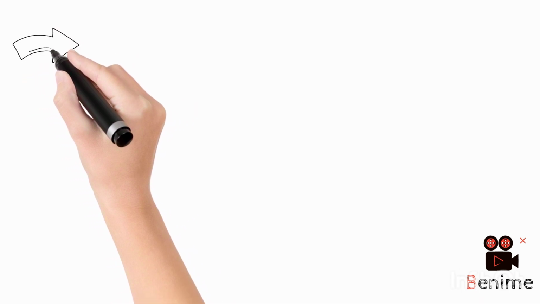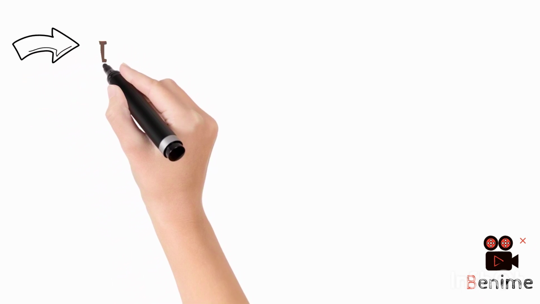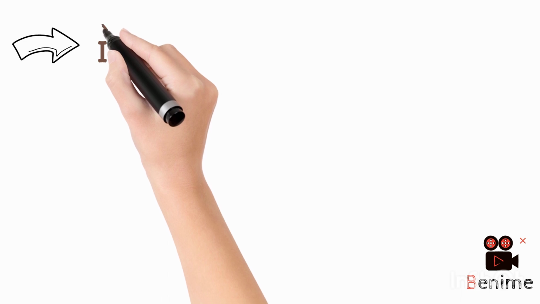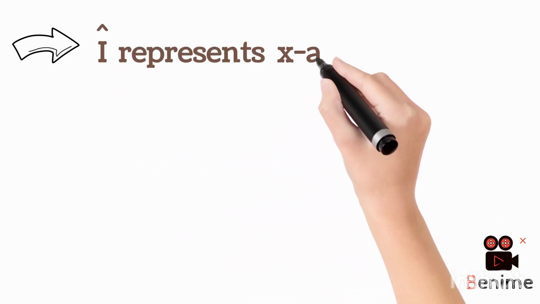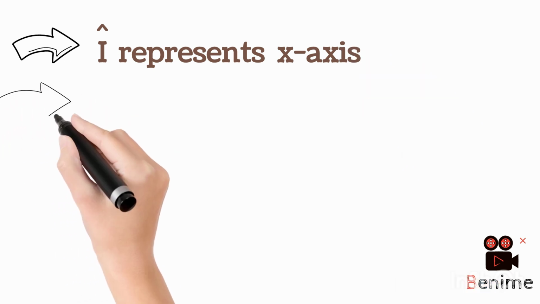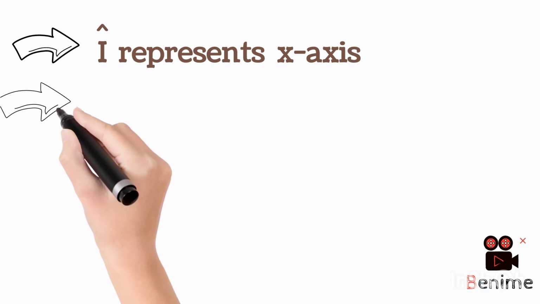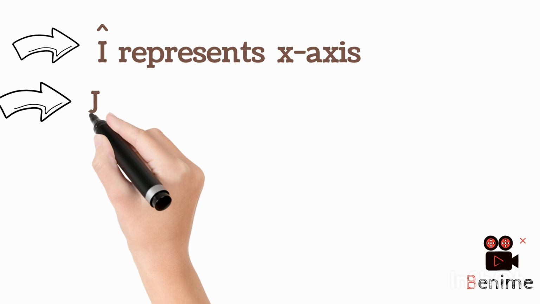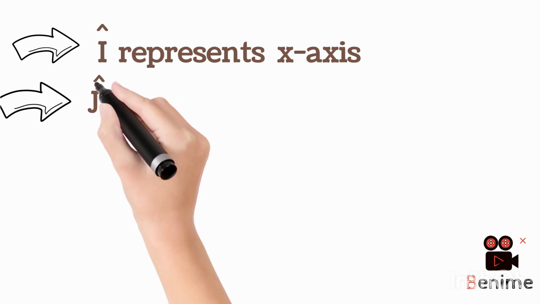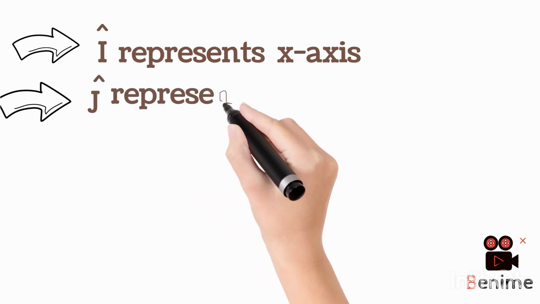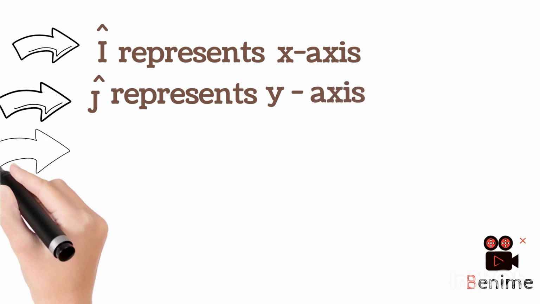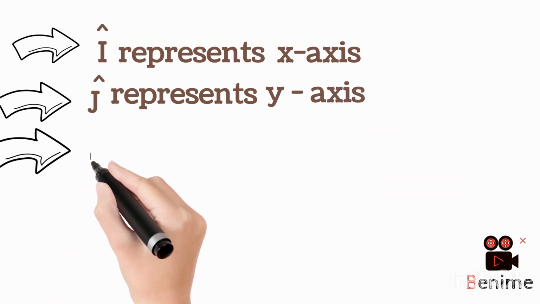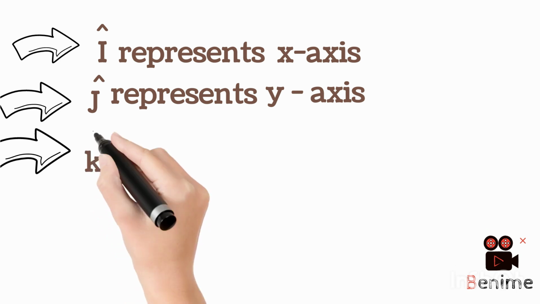I vector represents the x axis. J represents the y axis. K represents the z axis.